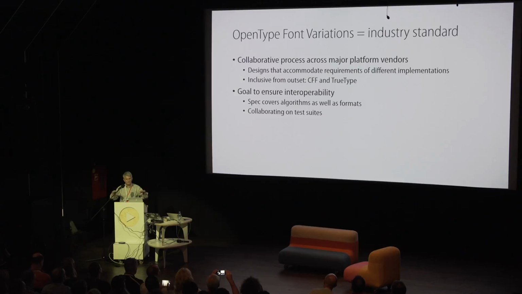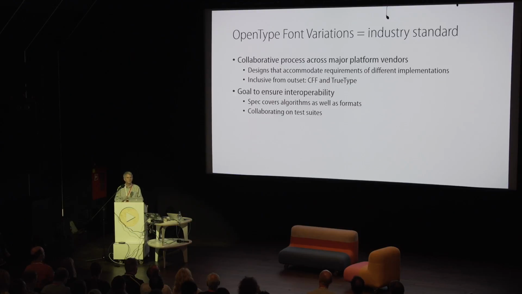So the way that this has worked, I think we can say that OpenType font variations can be considered an industry standard. We've had this collaborative process across all the major platform vendors. We've worked on designs to accommodate the different requirements that we have in different implementations to make sure that this will work well everywhere. We've been inclusive from the outset. The GX variation format was designed for TrueType.